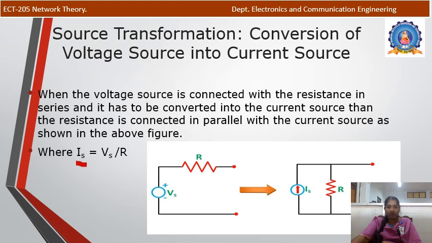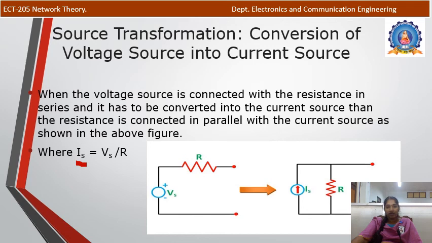That Is will be Vs divided by R, where Is indicates the source current and Vs indicates the source voltage. This R is connected in parallel with the current source. So these two circuits are equivalent.